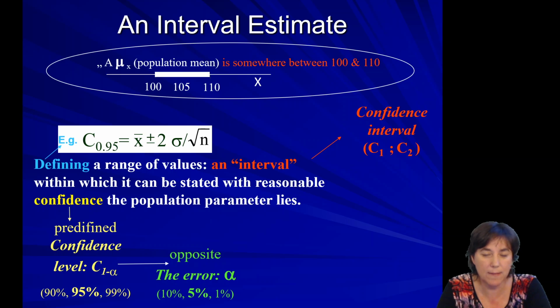Probably we're just lazy and we will stay with the 95% confidence interval. The opposite of the confidence is the error. We will call this alpha, the type 1 error. We will get back to this point when we're doing hypothesis testing. But it's obvious if you're 95% confident, you have 5% for error.